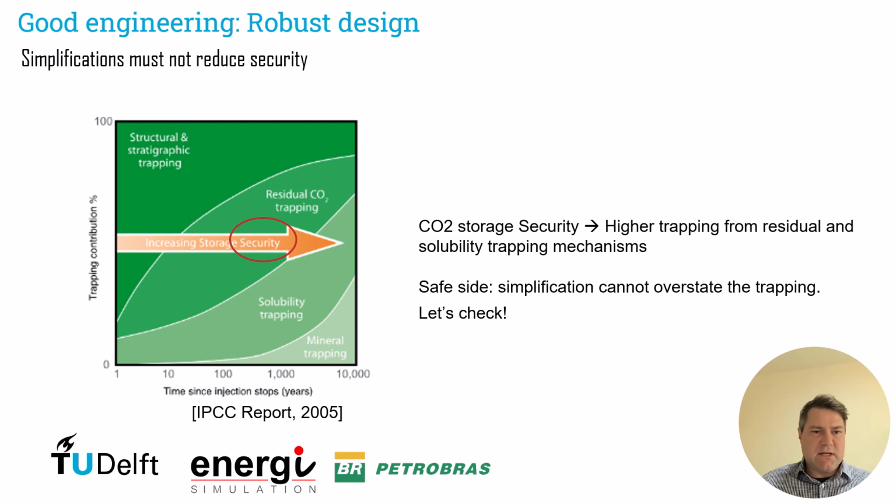And security in the sense of CCS is how much residual CO₂ trapping and solubility trapping I am having. So what are we going to check here? We are going to check if the simplification in the coarser models is not overstating the trapping mechanisms, mainly the solubility and residual trapping mechanisms.